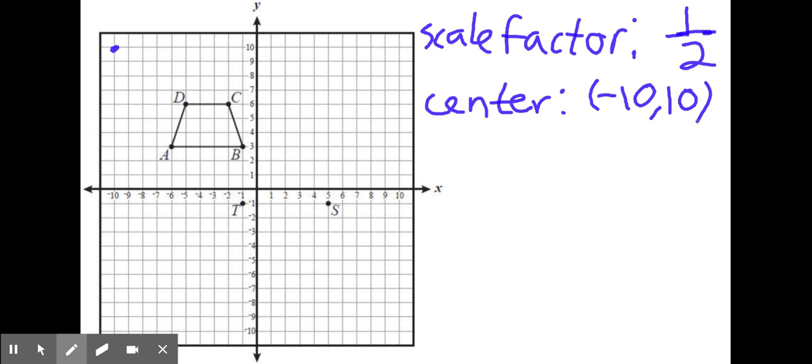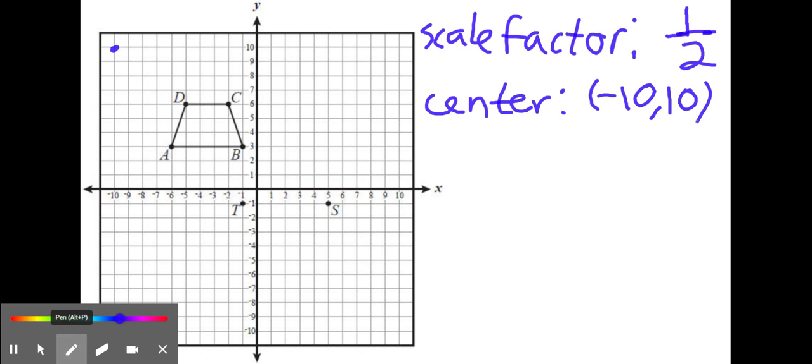Now, last time we performed this dilation, you found the distance to each of the points on the pre-image, and then you essentially multiplied by 3. This time, we are going to be multiplying each of those distances by 1/2, or in other words, dividing them by 2.